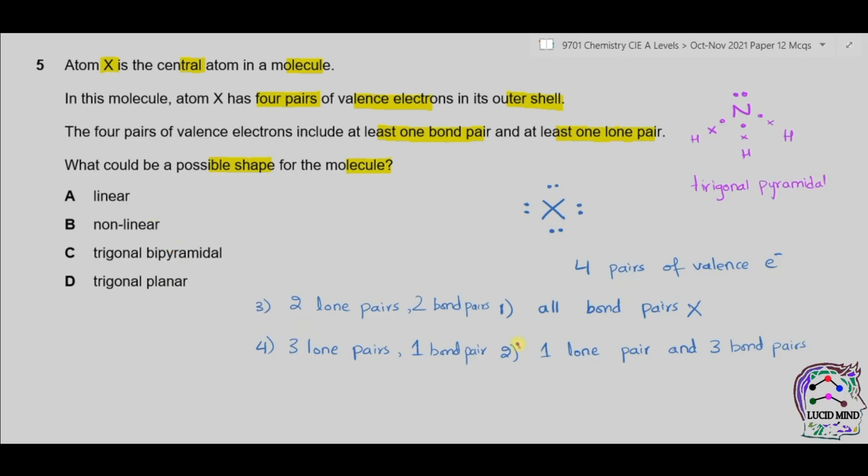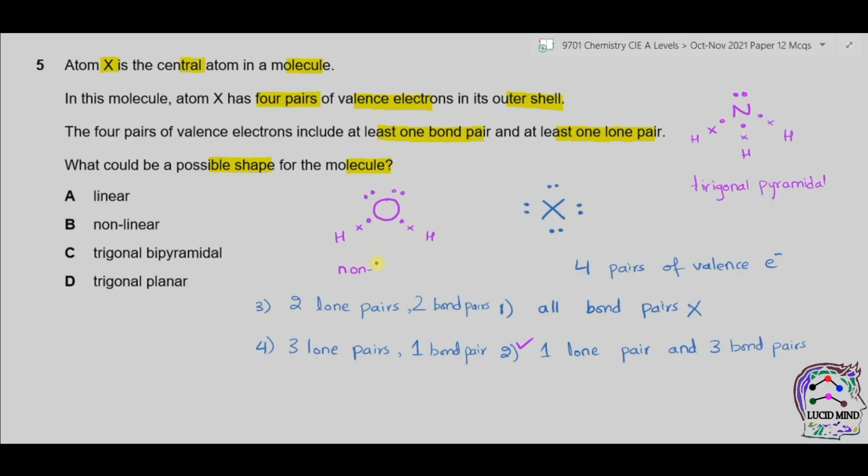So we have the next possibility, 2 lone pairs and 2 bond pairs. This is possible in the structure of water, as on oxygen we have 2 lone pairs and there are 2 bond pairs that are bonded to hydrogen. Now the structure of water is non-linear or bent.